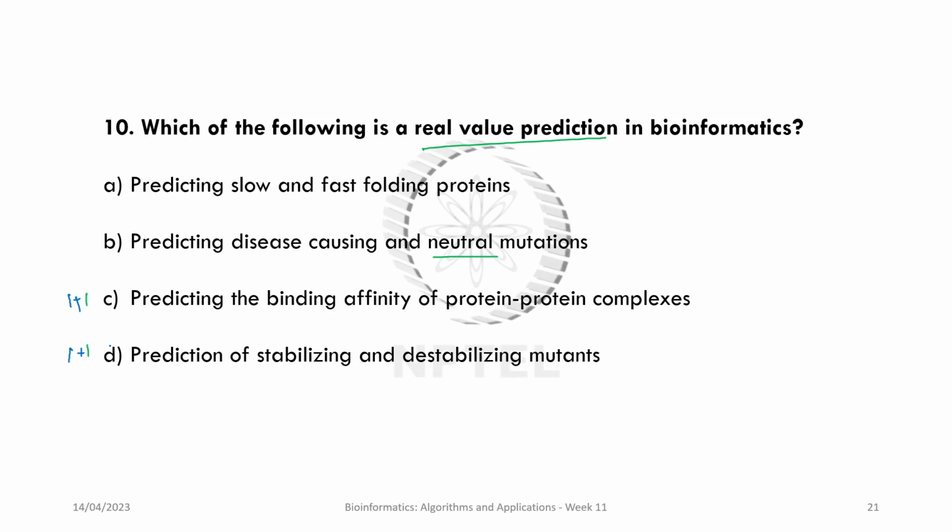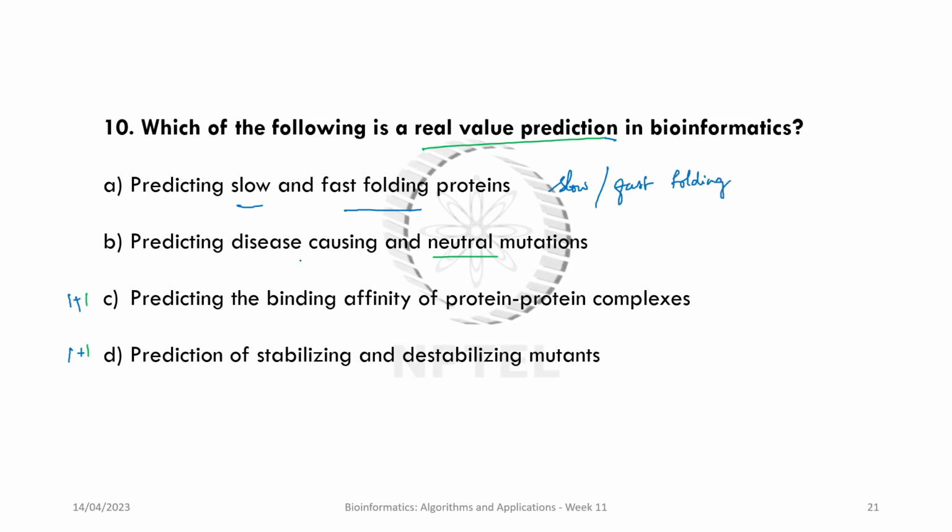Alright. So whenever you see such questions, look into options that are classification problems. Predicting slow and fast folding proteins: you're classifying the proteins into slow or fast folding, right?